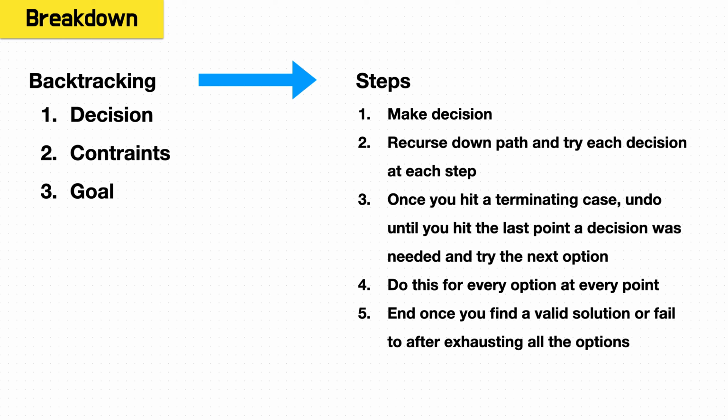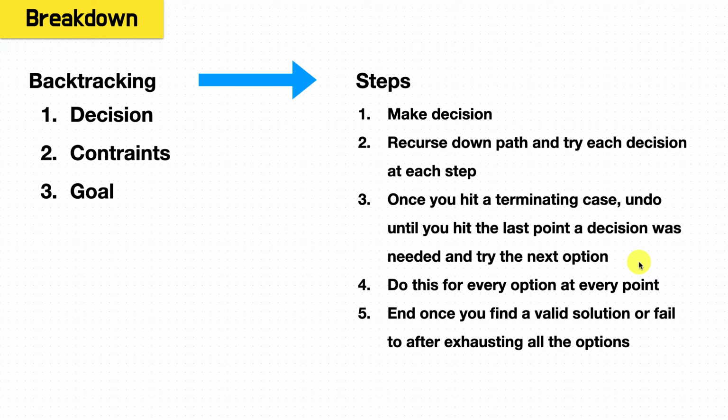So let's talk through what this means step by step. You first make a decision. So like I said, we can either go down or right to follow paths to eventually look for an exit. We're going to do this recursively. So we'll have a function that goes right and goes down, and then if you hit a terminating condition at the end of the path, your recursion will unwind to the last point that you had a decision to make.